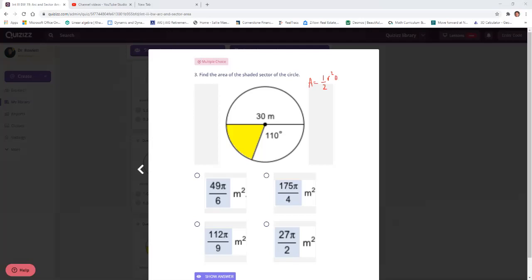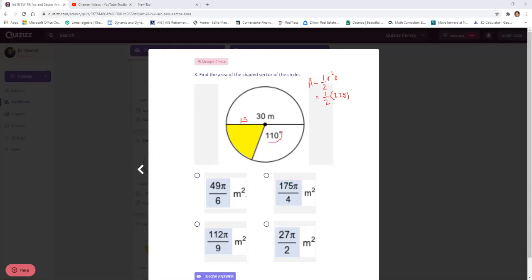And we know that the diameter is 30, so that means the radius has to be 15. And I will substitute 15 in for r. And r squared is 225. And now I have to figure out the angle.